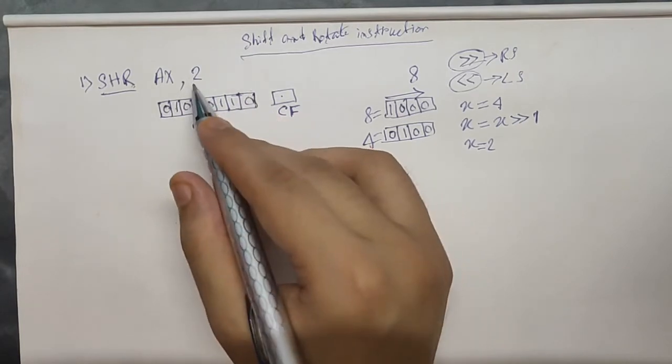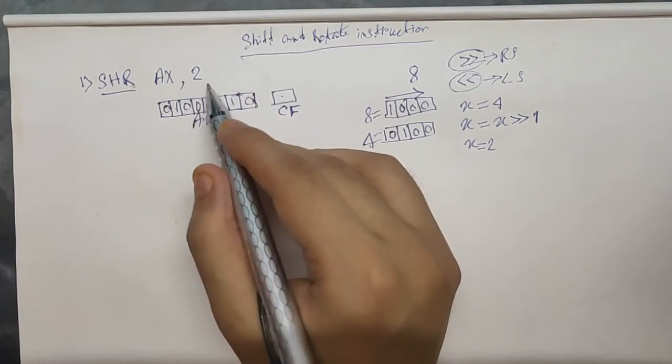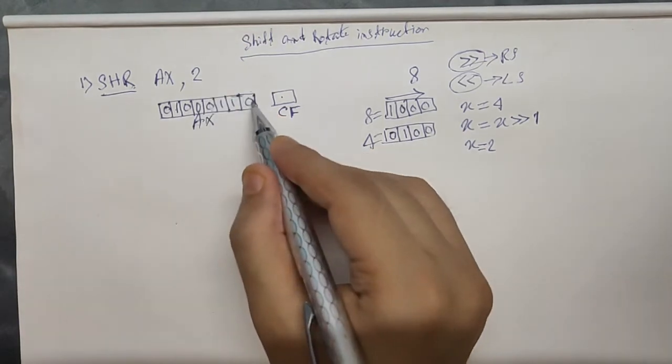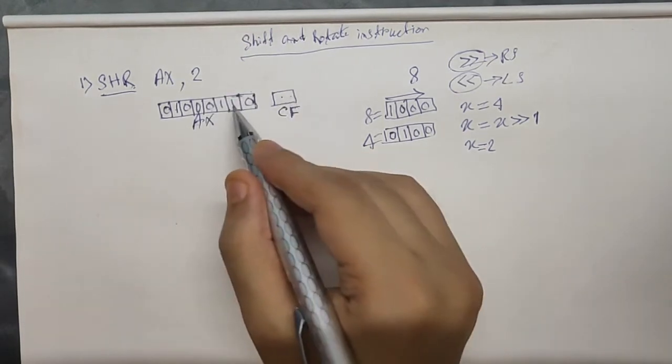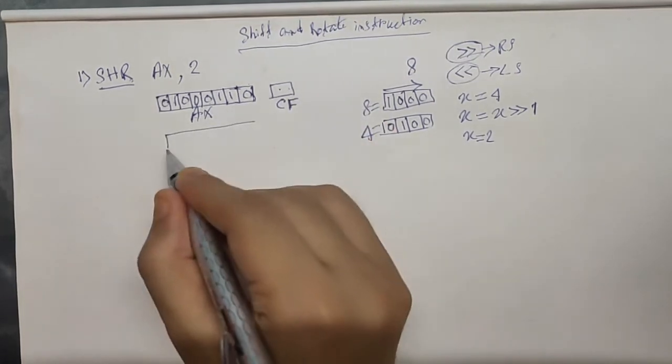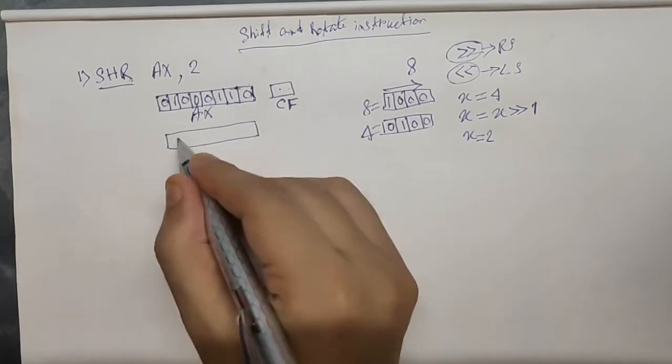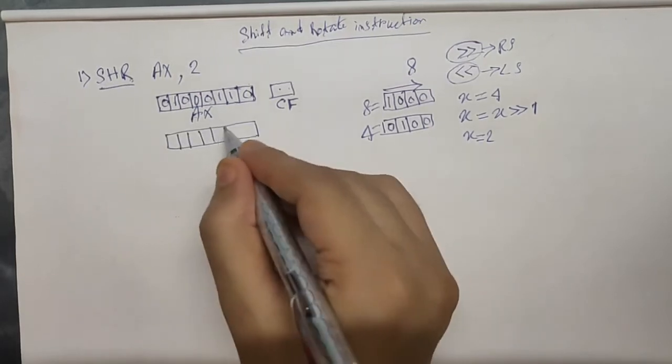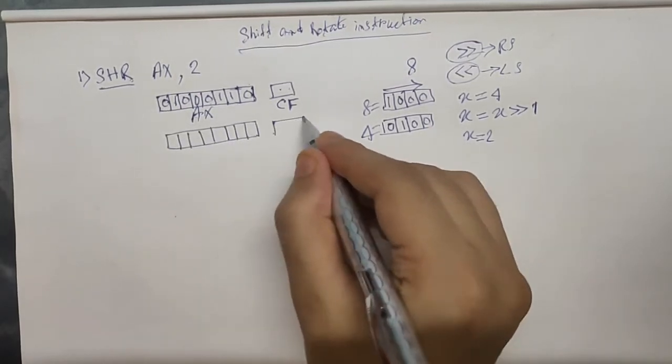And if we again perform another, because we need to perform this two times, at first this 0 will come here, then this 1 will come here. So after the operation, our register will look like this: 1 2 3 4 5 6 7 8, and this carry flag.